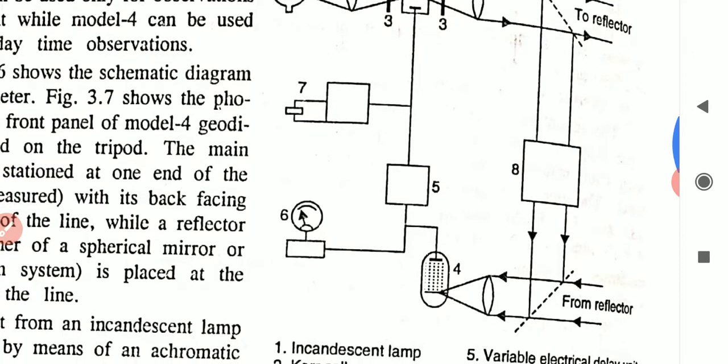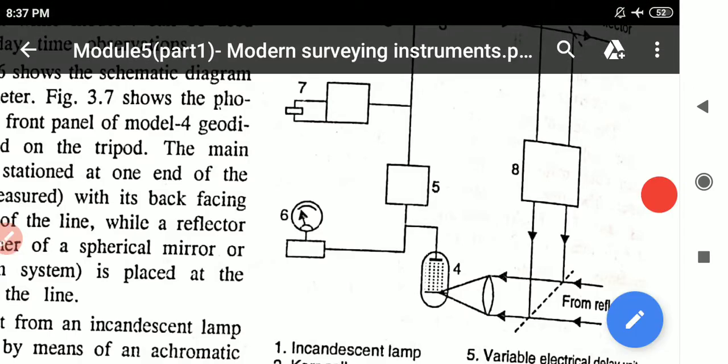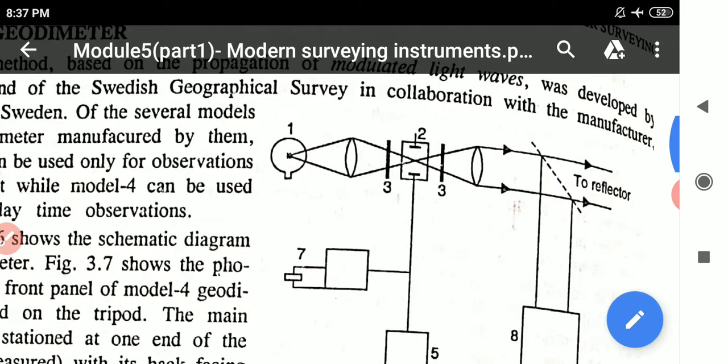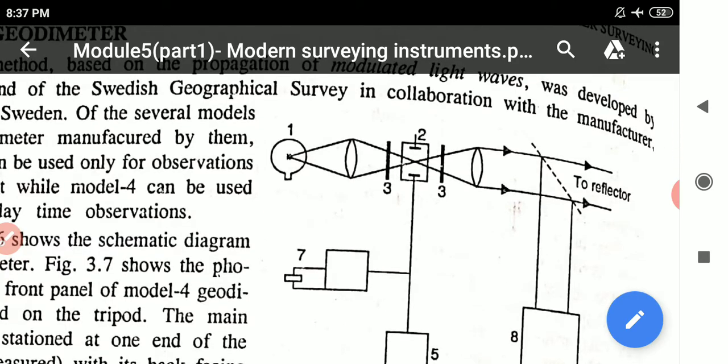The light from an incandescent lamp is focused at point 1 by means of a condenser. The Kerr cell at the second point is filled with nitrobenzene.